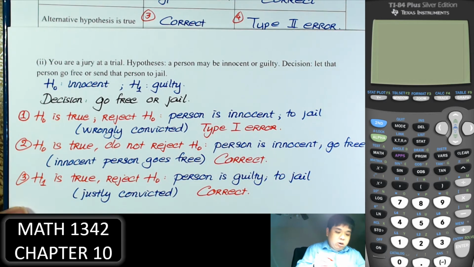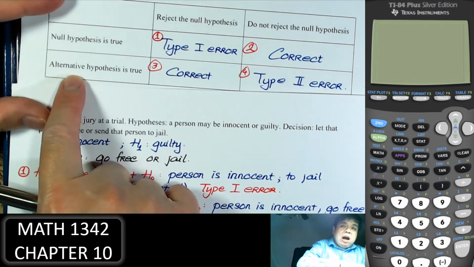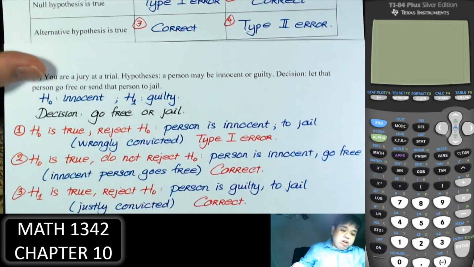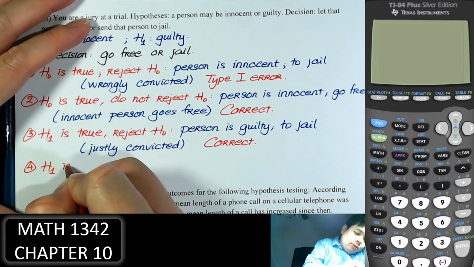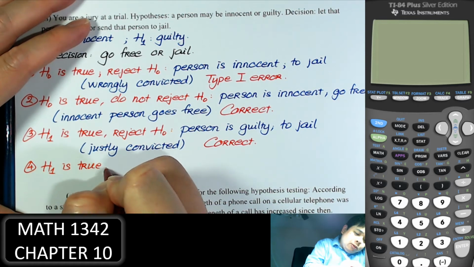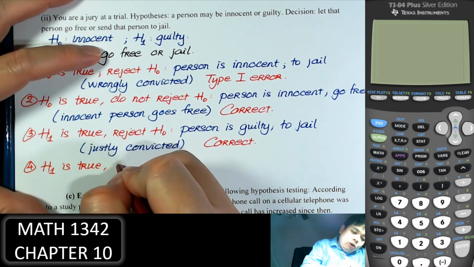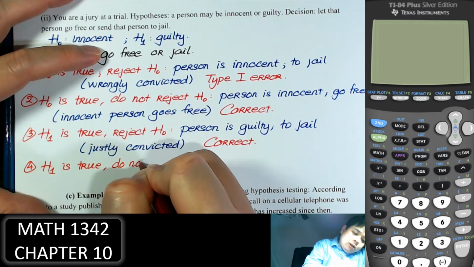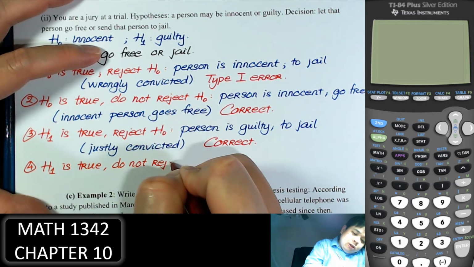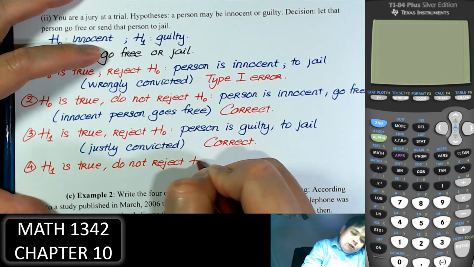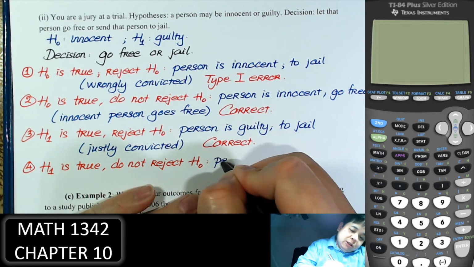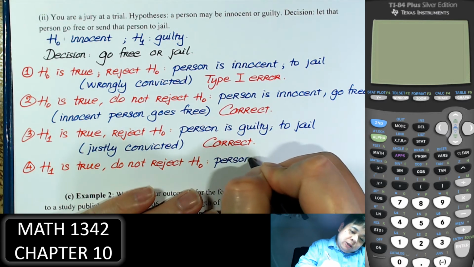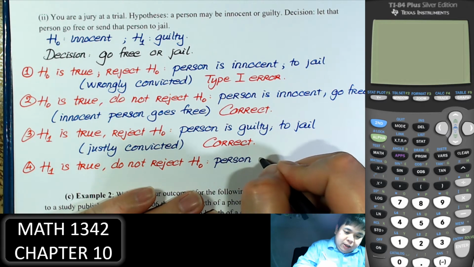Right, number 4, type 2 error. That is, the alternative hypothesis is true and we do not reject H0. So the person is guilty.